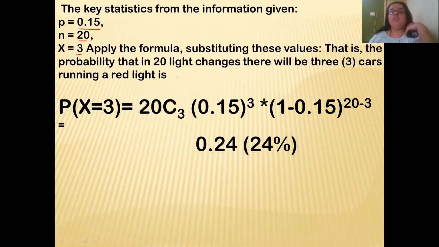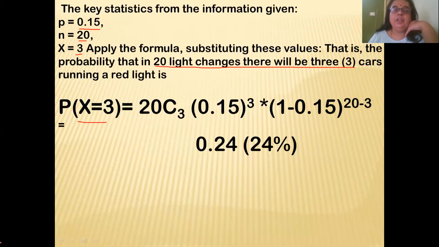Applying the formula, the probability that in 20 light changes there will be exactly 3 cars is P of X equal to 3, equal to 20C3 into 0.15 to the power of 3 into 1 minus 0.15 to the power of 20 minus 3.